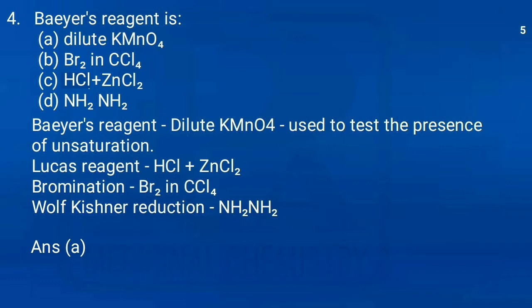So because of that, what happens? There is a dipole induced dipole interaction between the molecules, and this bromine gives its cation and also an anion. So it will be converted to Br plus and Br minus. This Br plus, because of the presence of positive charge, is acting as an electrophile on the alkene and undergoes electrophilic addition reaction.